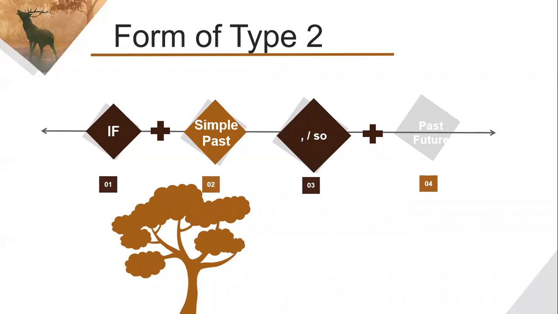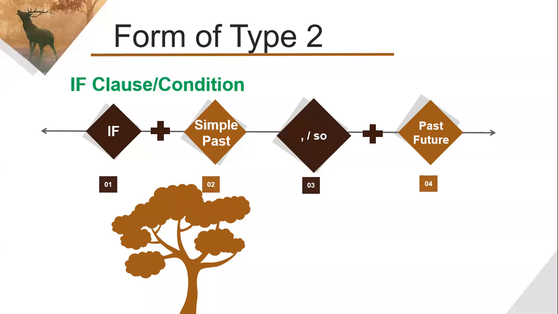And then as the result, it's followed by past future: subject, predicate, object, and then past future. Past future means would. So if plus simple past tense is for the if clause, or the condition, and the next clause is the main clause, or the result.